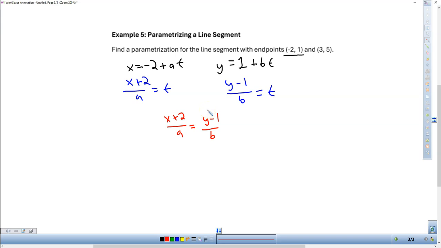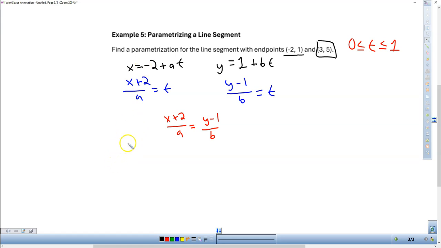And we've determined a and b, so we also need to know, can we go through 3, 5 when t equals 1? Because remember, with linear, it's typically going to be 0 is less than or equal to t, which is less than or equal to 1. So let's do some quick math here. If we take our second point, 3, 5, and start plugging it in, we have our x value here.